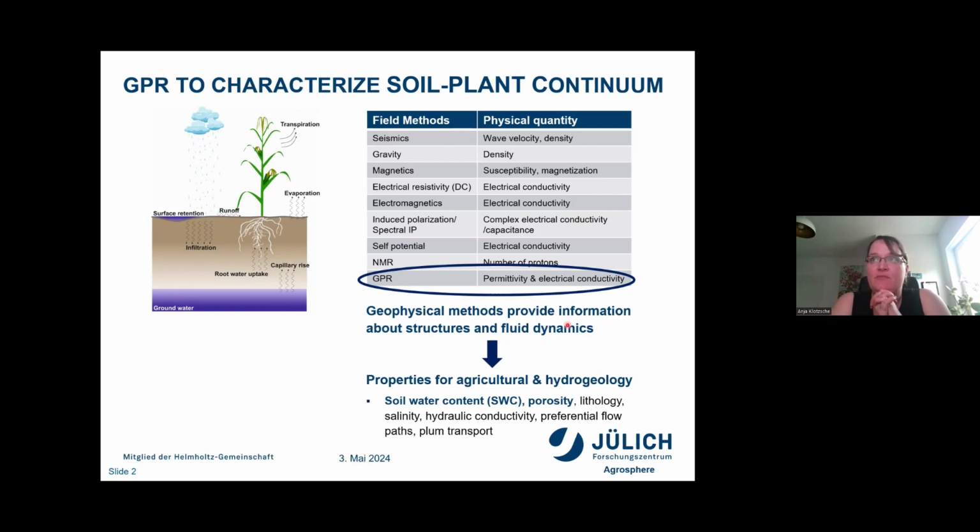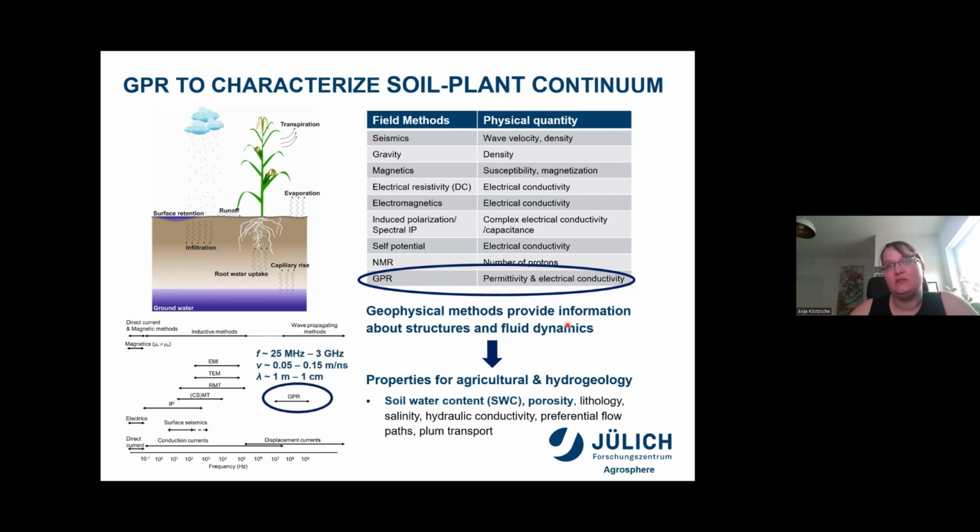The nice thing is that permittivity has a direct link to water content through petrophysical or complex mixing models, while electrical conductivity gives us information about ion concentrations. So technically we have one method that is sensitive to different soil properties at the same time.